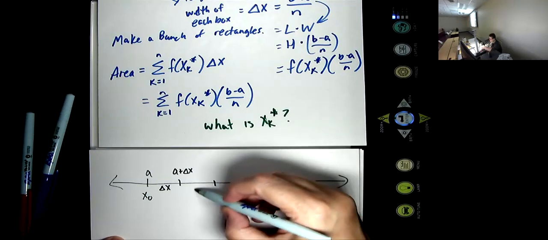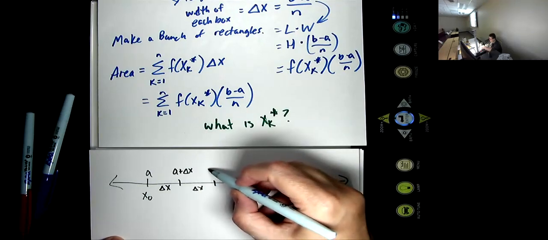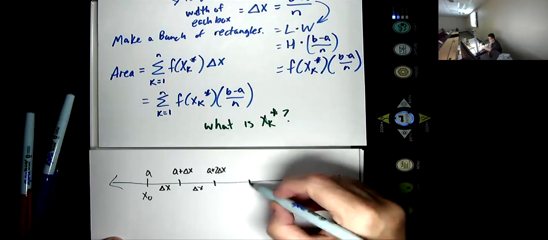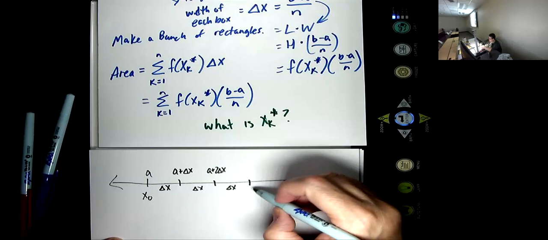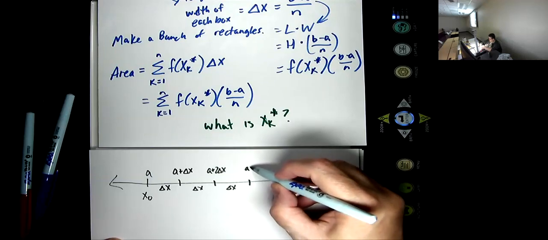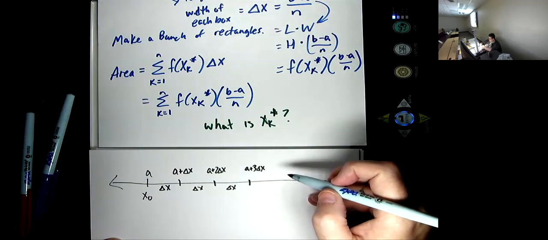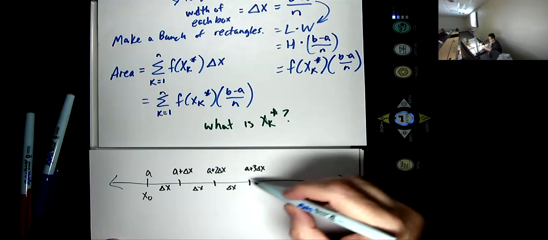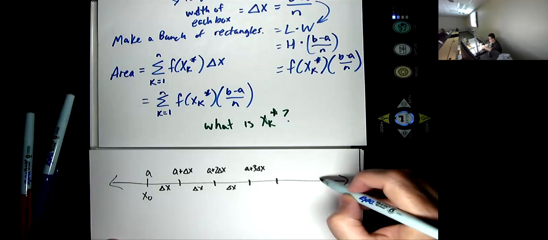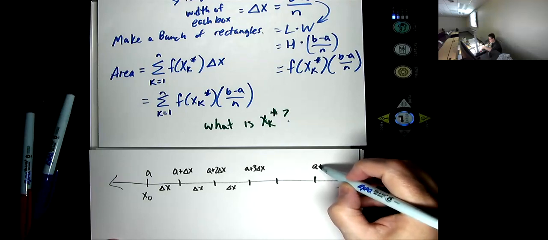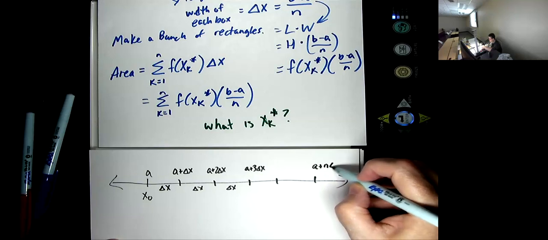Another delta x, and this is a plus 2 delta x. Another delta x, and this is a plus 3 delta x. After n rectangles, I'm going to get up to the right one being a plus n delta x.